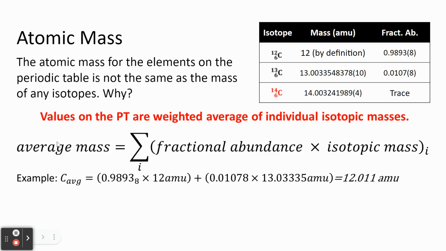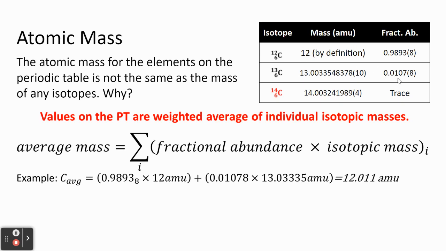How do we calculate that? To calculate the average mass, we would take the sum of all of the isotopes. We take the mass of each isotope and multiply it by its abundance, and then add them all together. So if we look at carbon and we want to find out the weighted average mass, we would take the fraction abundance times the mass in AMUs.